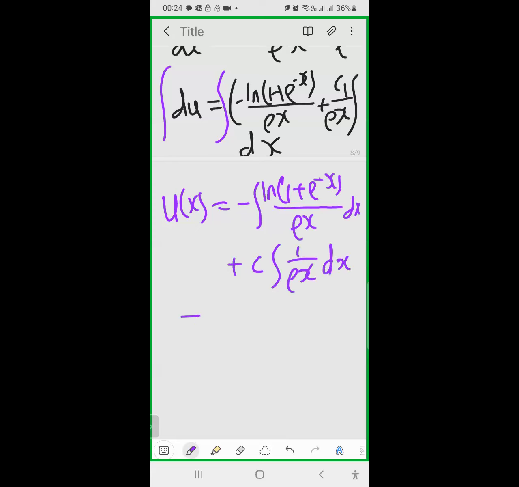So this is equal to, for the first term, the integral of ln of 1 plus e to the power minus x divided by e to the power x.